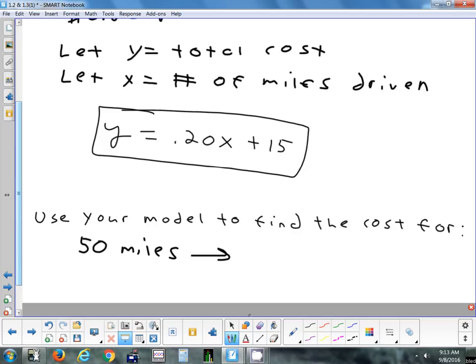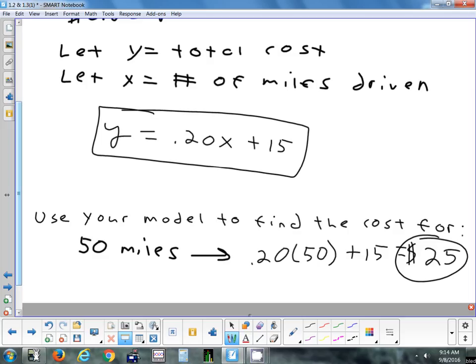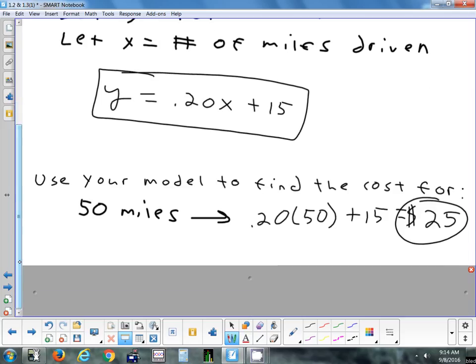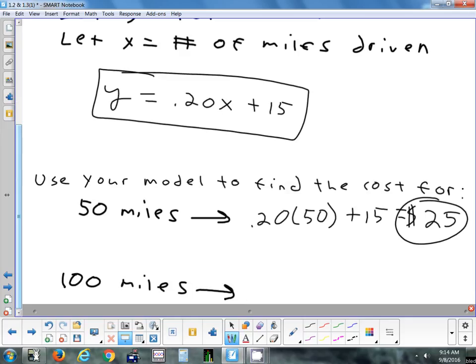So I'm going to fill in 50 for x and see what the cost is. So I've got 0.20 times 50 plus 15. And that's going to give me a cost of how much, Luke? $25. Yeah, it's pretty cheap.